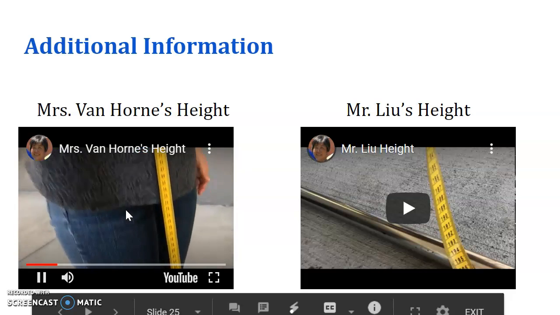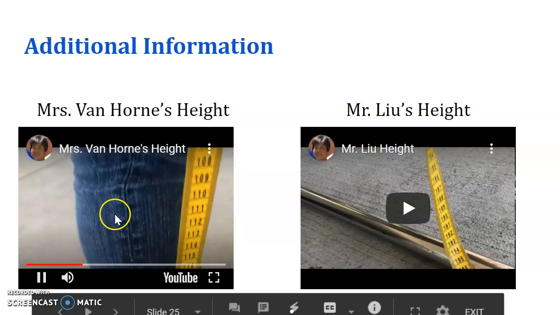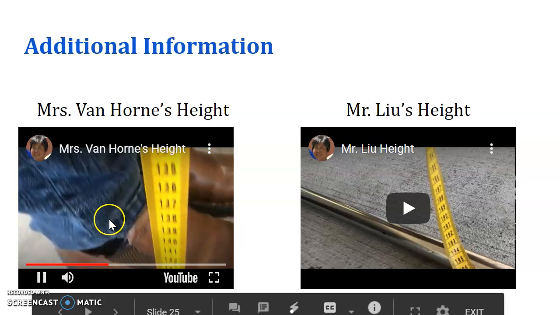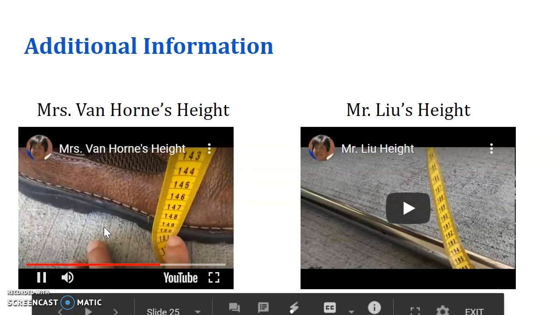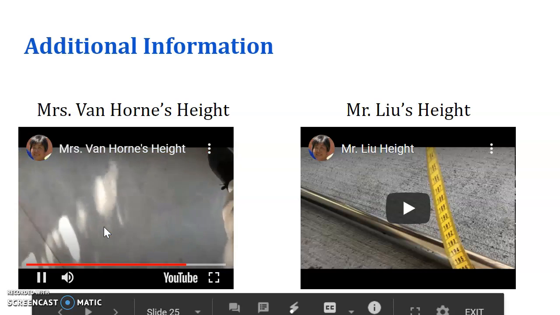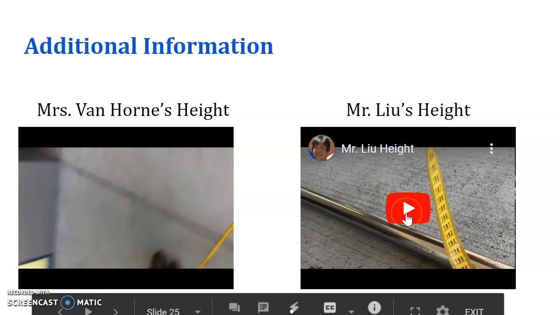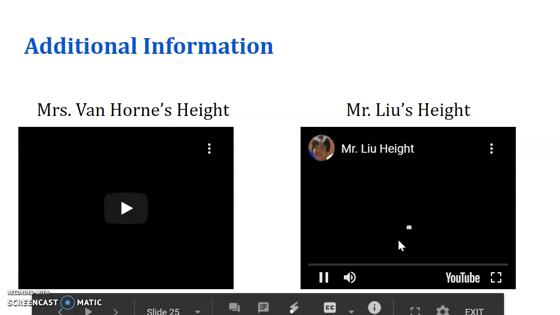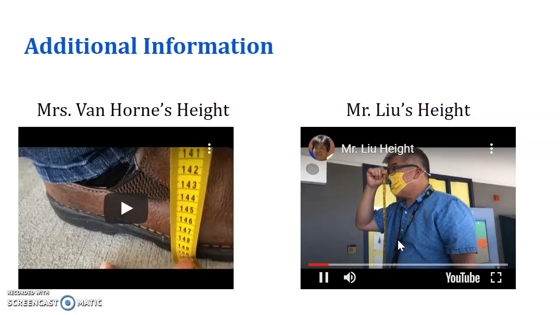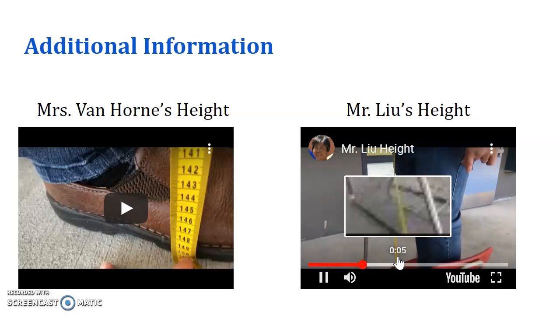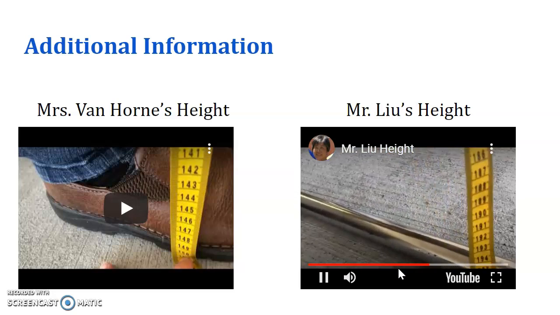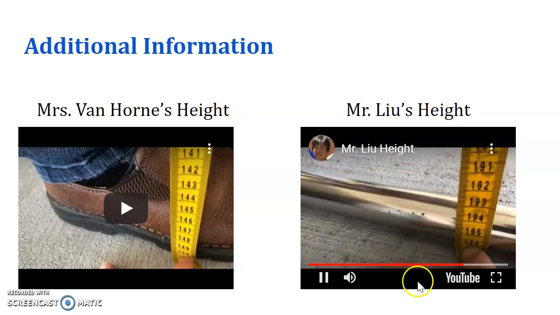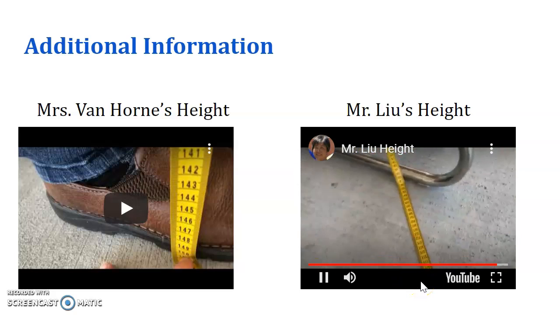When we measured from my eyes all the way down, it turned out to be about 150. And when we measured Mr. Liu's height, where his eyes are, that turned out to be approximately 195.